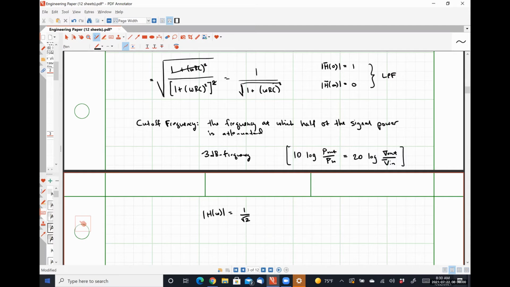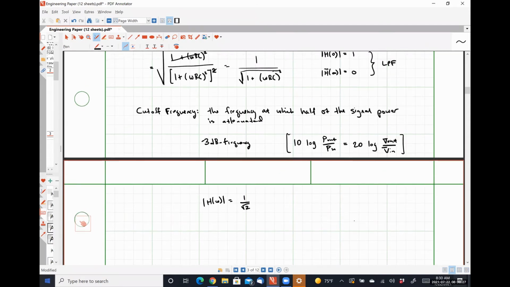One looking at the magnitude as just a number, and the other looking at the magnitude as a decibel number, where decibels is just a unit used in frequency analysis fairly regularly. All right. So to me, figuring out what value of omega makes the amplitude equal to 1 over the square root of 2 is fairly straightforward here, right?